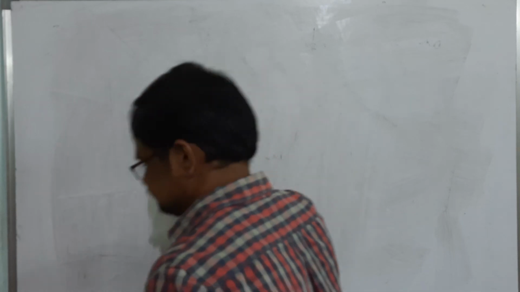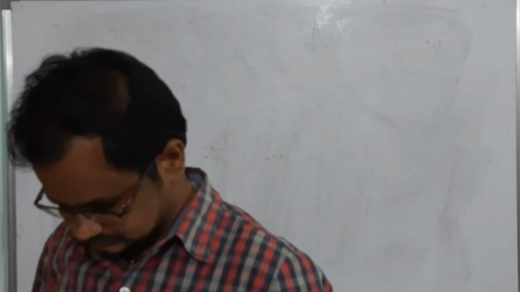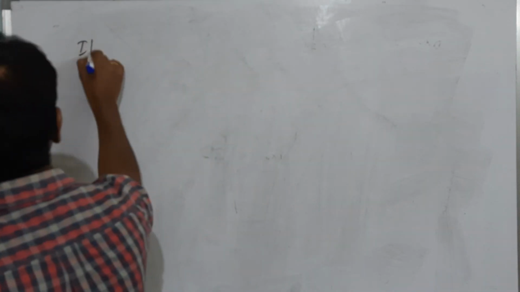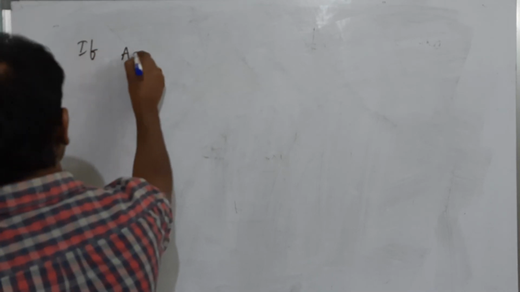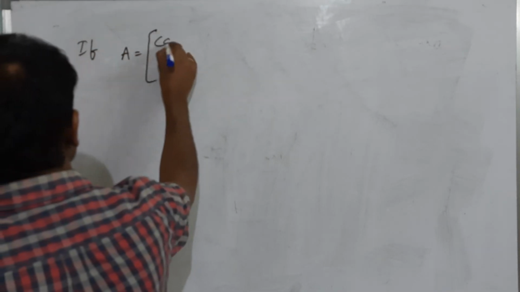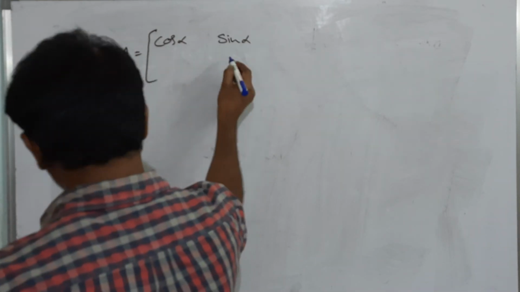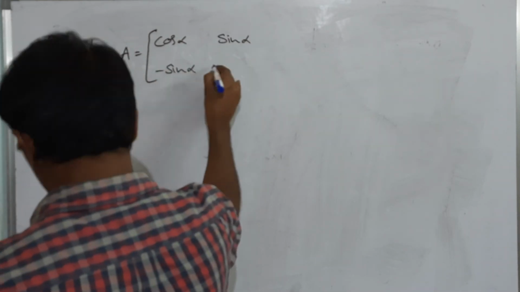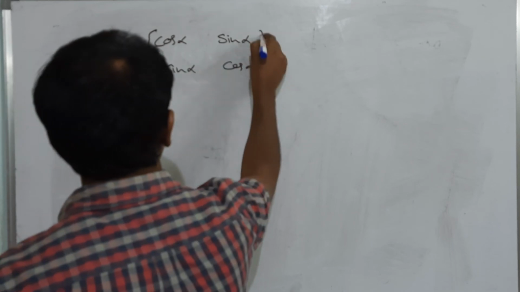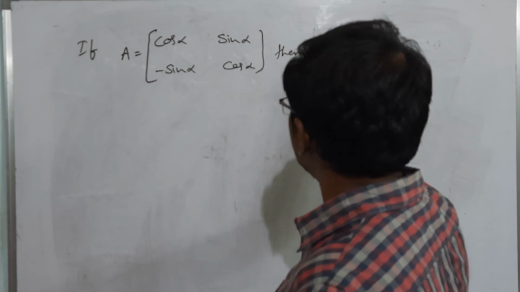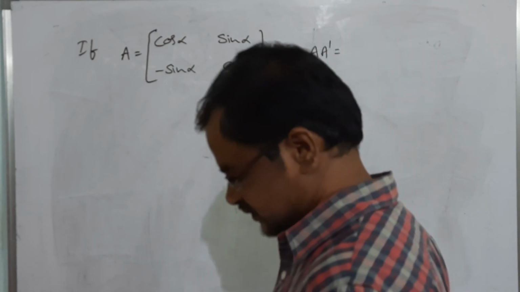Next problem. So next one they given, if A equal to the matrix cos alpha, sin alpha, minus sin alpha, cos alpha, then they are asking A into A dash equal to.